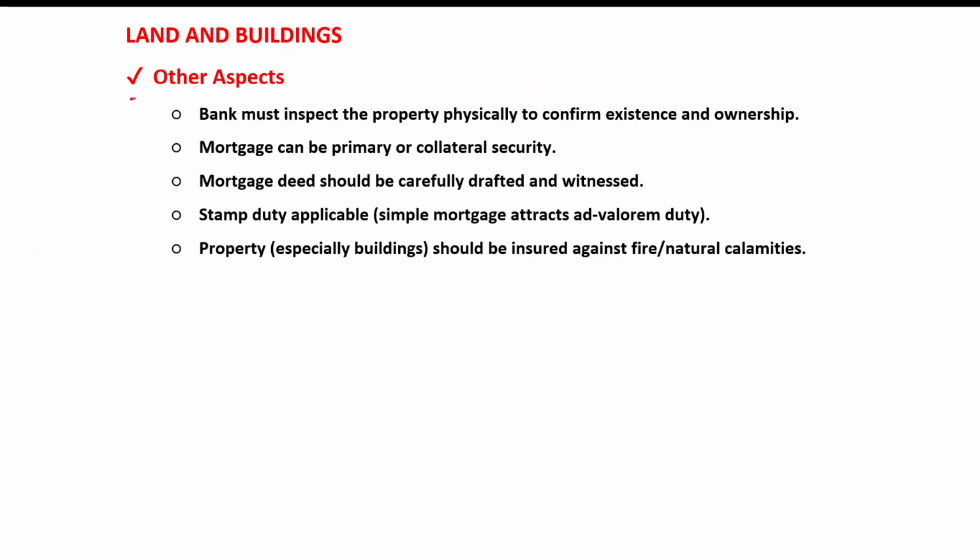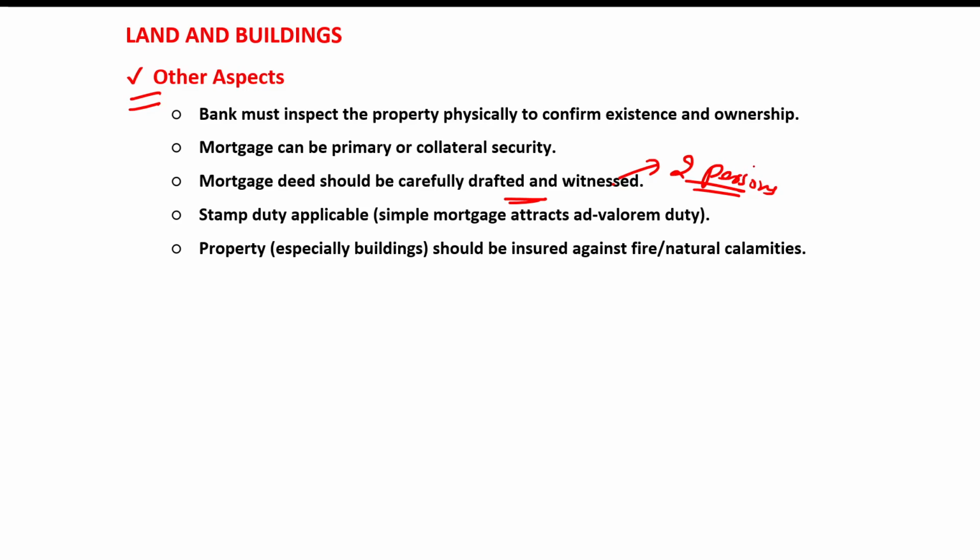In other aspects, inspection is done. Bank officials physically inspect the property to confirm its existence. A mortgage deed must be carefully drafted and legally valid, and it is witnessed by two persons.